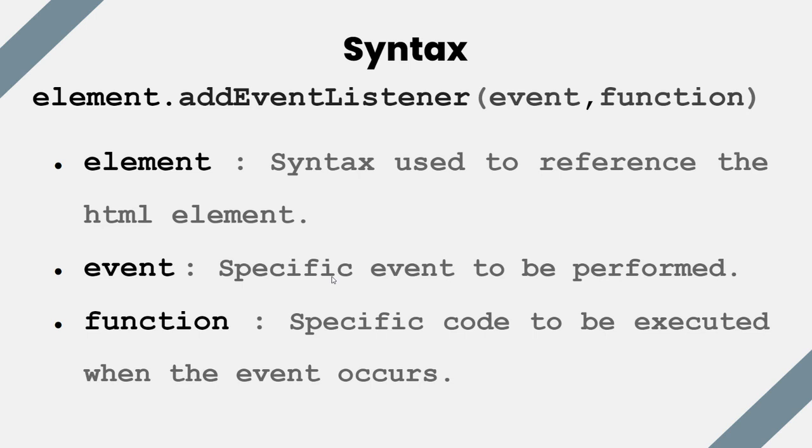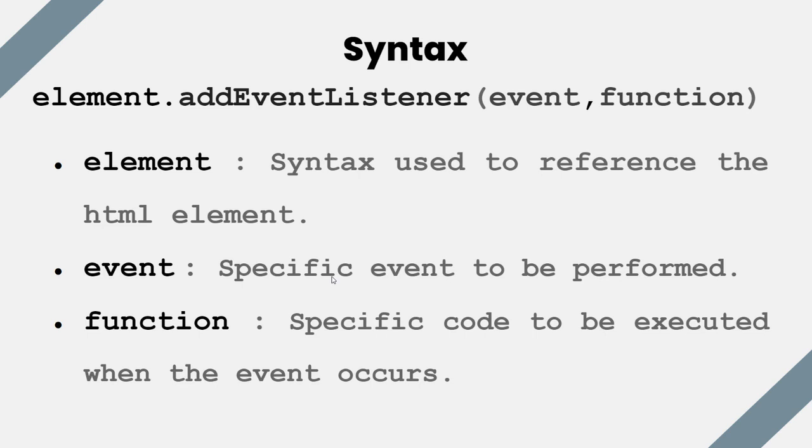So the next part of the syntax we have is addEventListener, which is the actual method itself. We already know about that. After that, we have the event section, which is within the parentheses. And so the event here represents a specific event to be performed. So far so good.